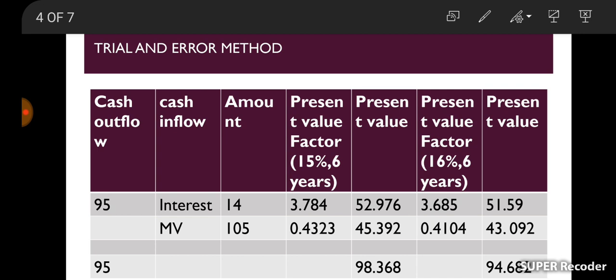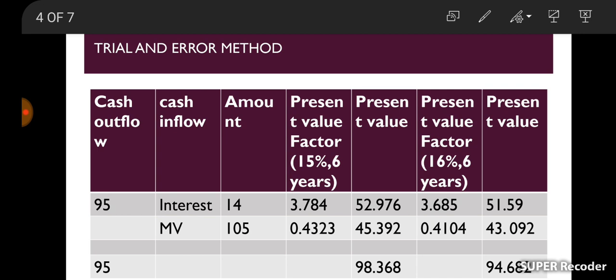Now we need to calculate the actual YTM. For that, we are applying the linear interpolation formula. The linear interpolation formula can be used to find a new value from two given points.